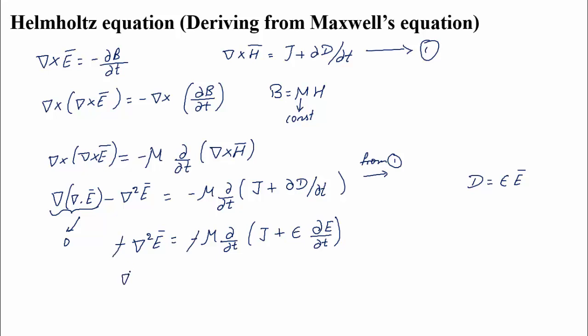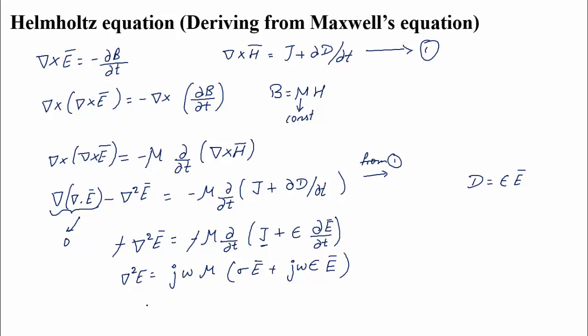So what I will be getting is del square E, which is equal to mu times d by dt, or dou by dou T, which you can write as j omega, into J plus j omega epsilon times E. Here J equals sigma E, nothing but conduction current, and E is the electric field.